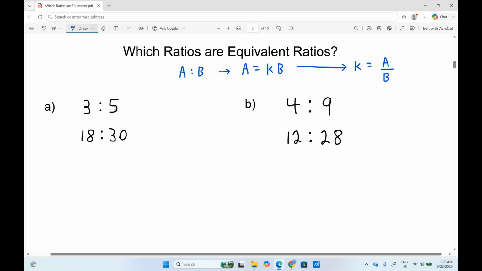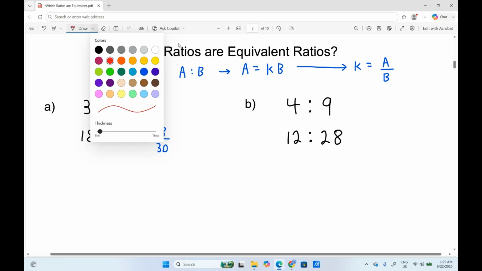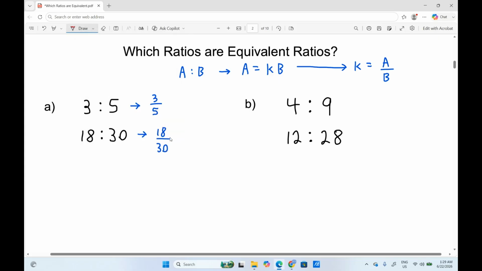So what I'm going to do here for my first example, 3:5 or 3 to 5, my constant of proportionality would just be 3 over 5. And now for this ratio here, 18 to 30, if I end up getting the same constant of proportionality, then they are equivalent. So in this case, for 18 to 30, I'm going to have 18 over 30. And once I have 18 over 30, I can reduce this fraction. So I can divide both top and bottom by 2.